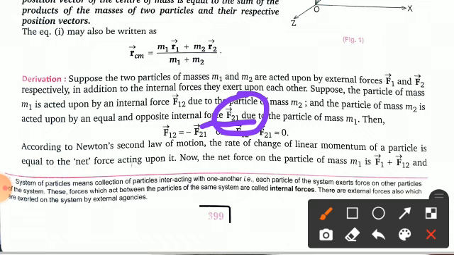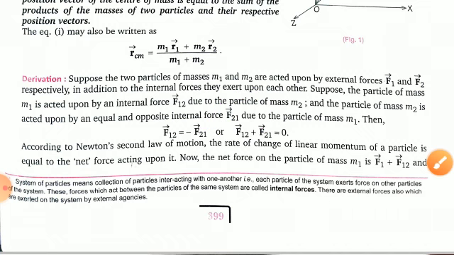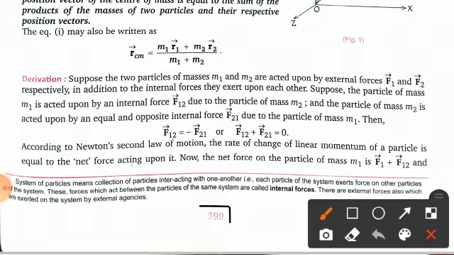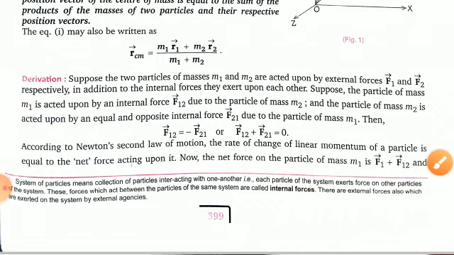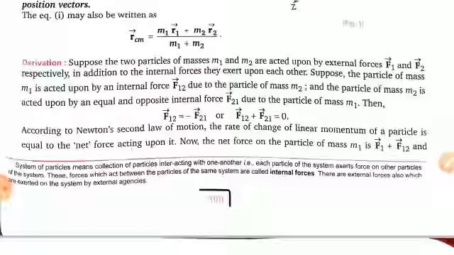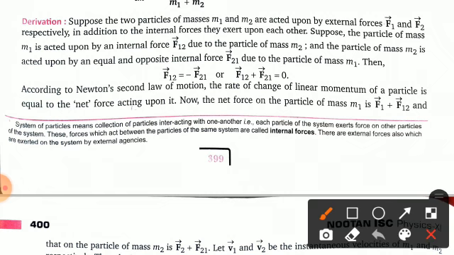So the two forces are equal and opposite, and we can write F12 equals minus F21, or F12 plus F21 equals 0. According to Newton's law of motion, the rate of change of linear momentum of a particle is equal to the net force acting upon it.